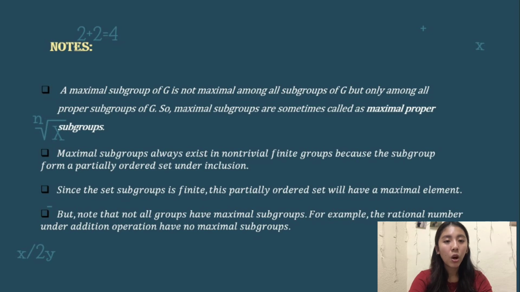Maximal subgroups always exist in non-trivial finite groups because the subgroups form a partially ordered set under inclusion. Since the set of subgroups is finite, this partially ordered set will have a maximal element. But note that not all groups have maximal subgroups. For example, the rational numbers under addition have no maximal subgroups.